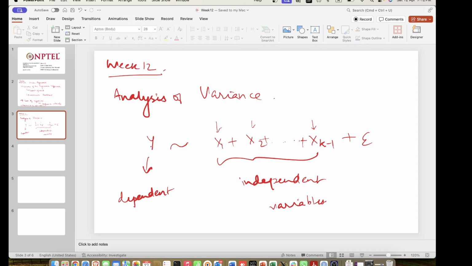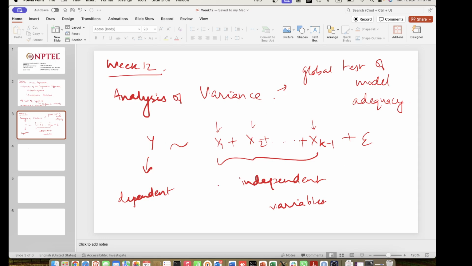By this analysis of variance, we are trying to test, as a global test of model adequacy, whether these variables help in explaining the variance in y, or in other words, whether they contribute significantly to the variation in y.